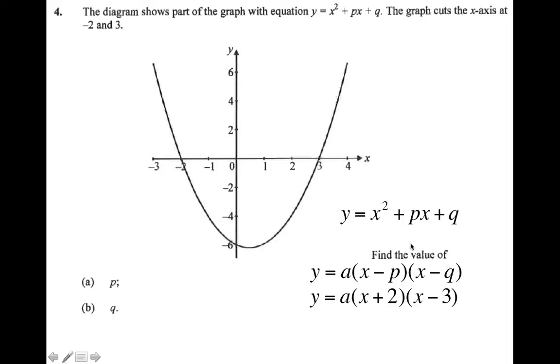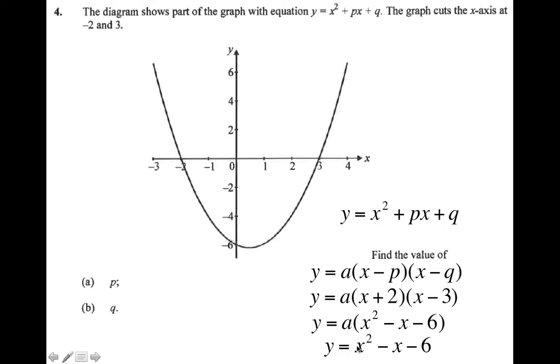Now, to find out what p and q are, you have to take this equation and change it to look like this. For this to become this, we need to just multiply this out. Alright, so that's what I'm going to do next. Leave the a out here, and I'm just going to multiply all this. When you multiply all this, you get x squared minus x minus 6. And then I've just rewritten that with the a gone.